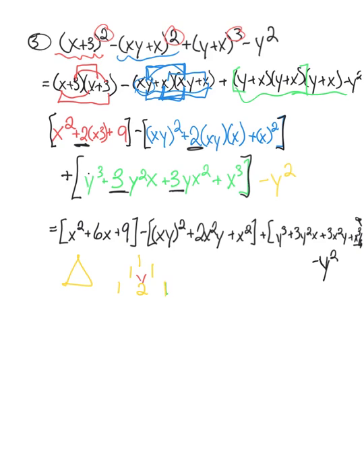And now bring the ones down on the outside. If we add the 1 and the 2, we get a 3. And you can keep going for as far as you need to go. 1 and 3, 3 and 3, 3 and 1 would be 4, 6, 4. And this triangle continues all the way down as far as you need to go.